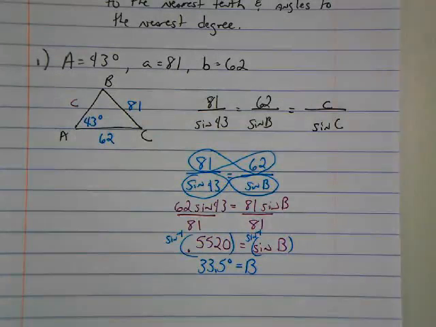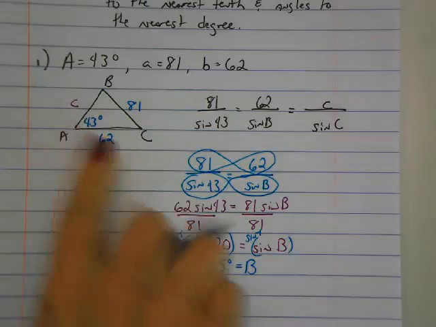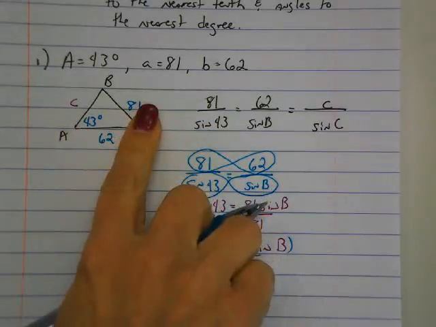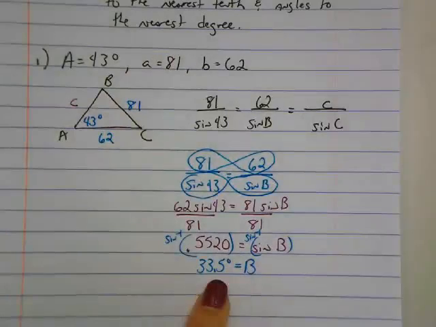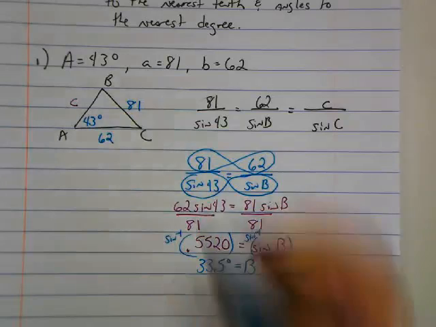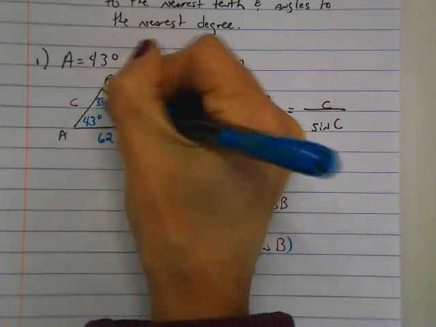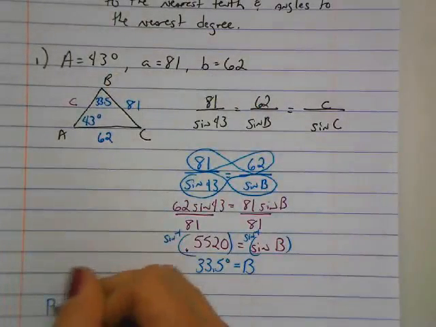Okay, now because this is an angle-side-side, which is a naughty guy, I've got to make sure that that's the only potential angle for B. So I'm going to put the 33.5 here, and I'm going to say, but wait.